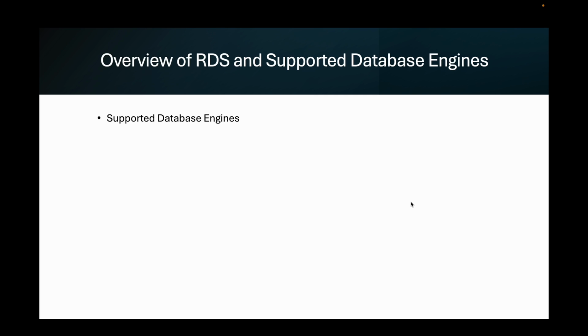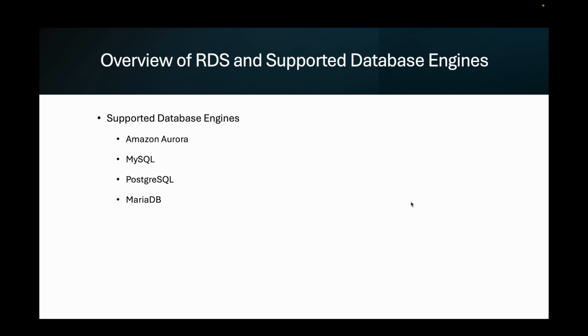Some of the supported database engines include Amazon Aurora, MySQL and PostgreSQL compatible, which offers higher performance and availability than standard MySQL and PostgreSQL, with up to 5 times better throughput. We have MySQL, one of the most popular open source relational databases. We have PostgreSQL, an advanced open source relational database system known for its extensibility and SQL compliance.